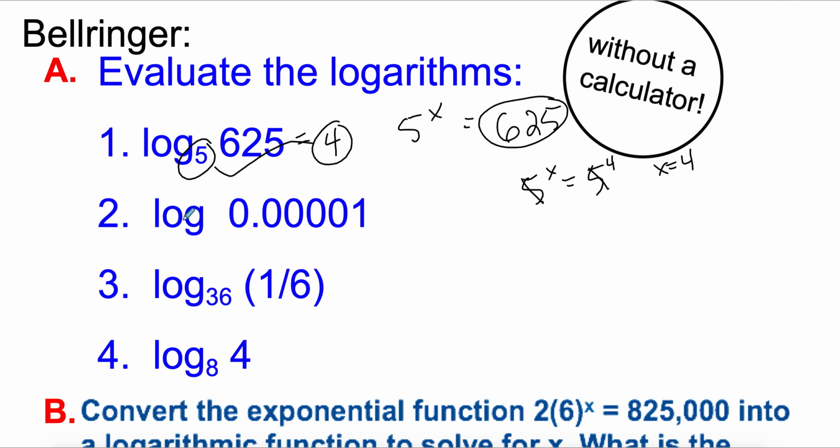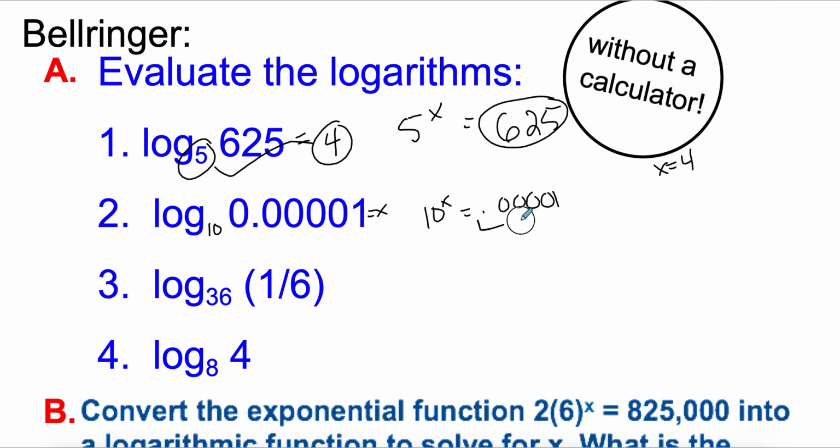These ones we didn't work a whole lot with, because I don't have anything down there. It's an implied base 10. So if there's no number below the log, then it should be a 10. So set it equal to x, check mark, rewrite it: 10 to the x is equal to 0.00001.